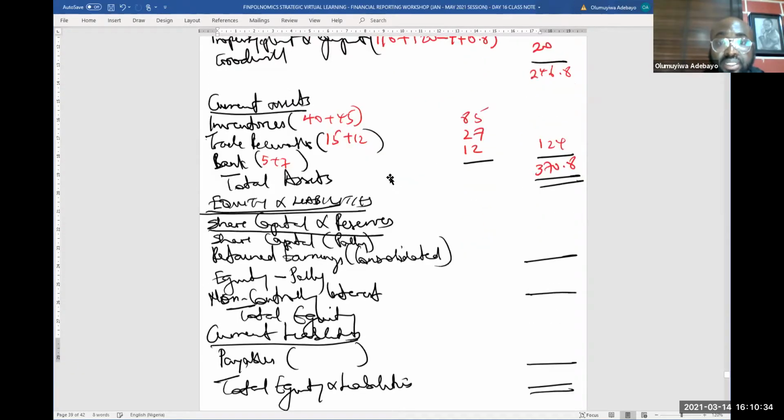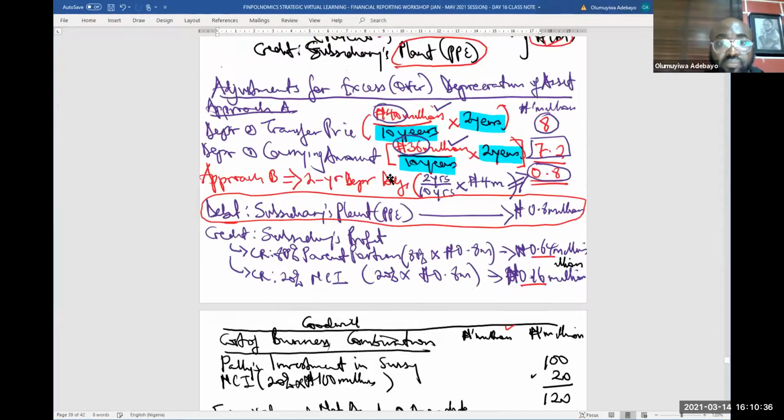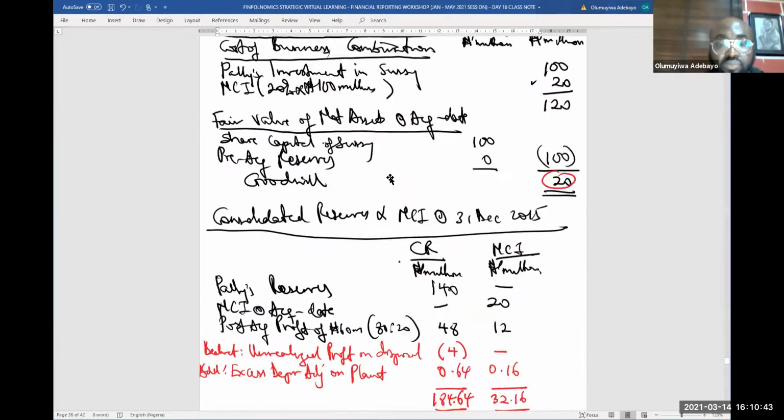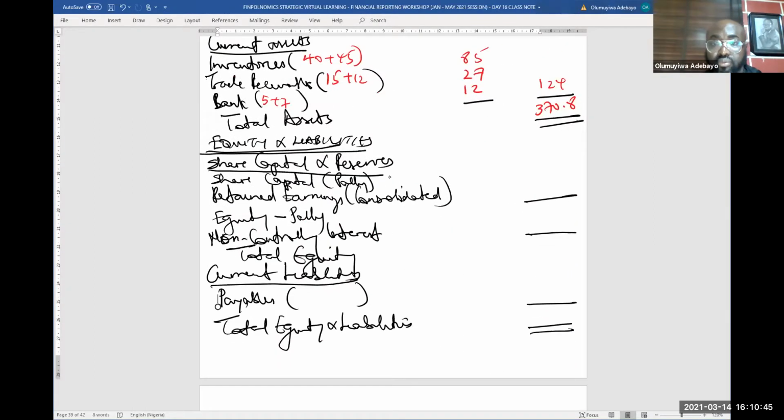Share capital value. That's 80. Retained earnings.